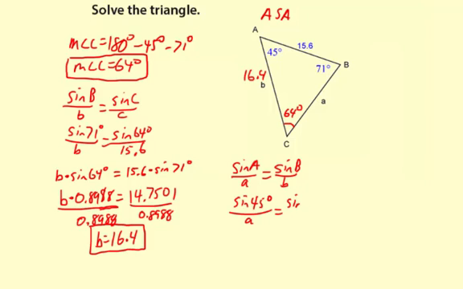Sine of B, well, the measure of angle B is 71 degrees, to the length of side B we just found, which is 16.4. So we'll go ahead and cross multiply. So it's going to be A times the sine of 71 degrees equals 16.4 times the sine of 45 degrees.